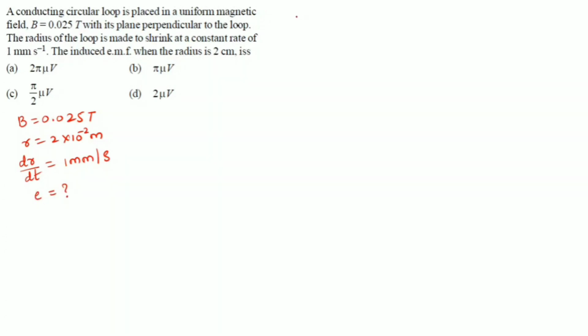So we have the equation E equal to d phi by dt. In place of phi, I can write B into area of the circle, area of the conducting circular loop, that is pi r square.